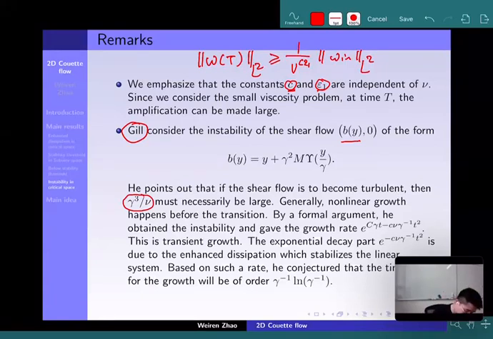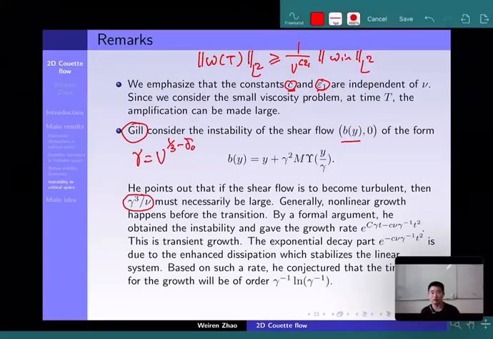In our setting, our gamma is nu to the 1/3 minus delta. This is our gamma, and you can say that our result matches very well with his observation. Also, he mentioned that the time at which the growth can be measured is of order gamma minus 1 log gamma minus 1. This is the same time as we proved in our paper.